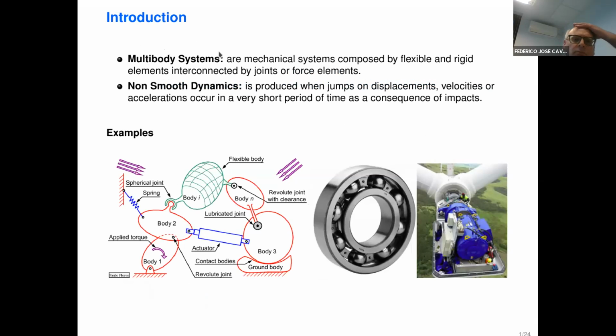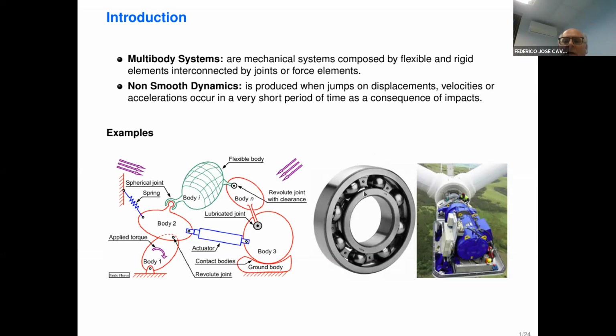As you know, multi-body systems are mechanical systems composed of elements such as springs, actuators, spring dampers, etc. The second topic is non-smooth dynamics, and it is produced when jumps in displacements, velocities, or accelerations occur in a very short period of time as a consequence of impacts.